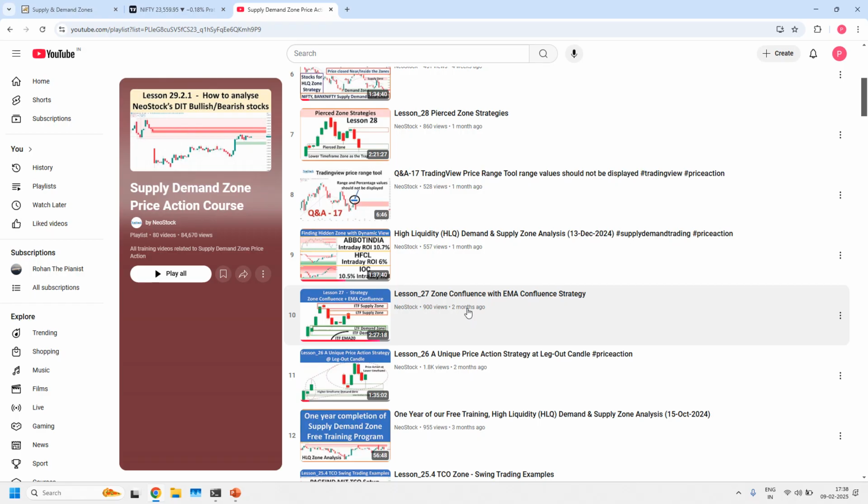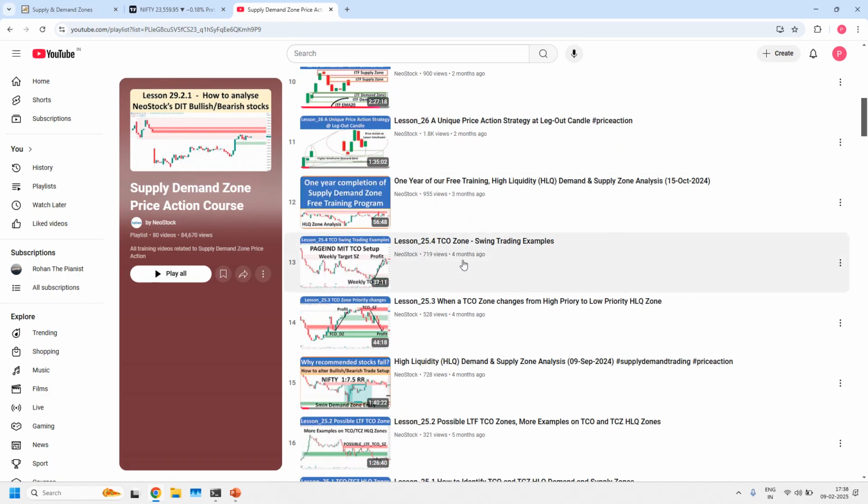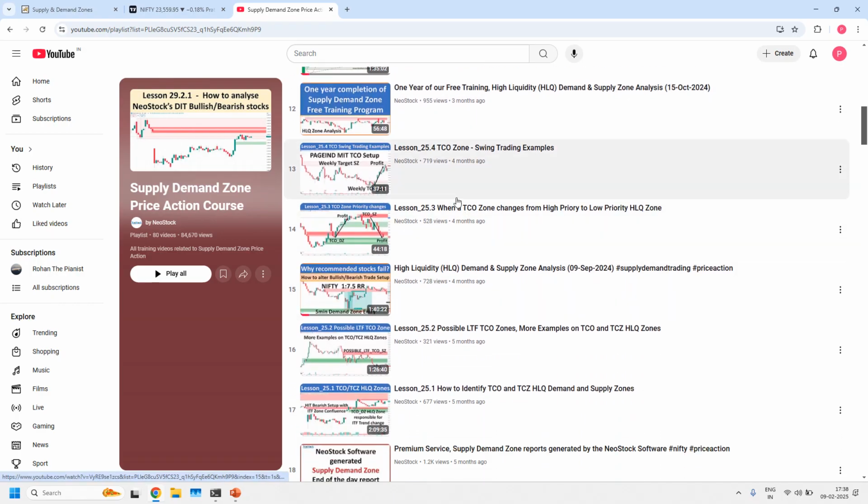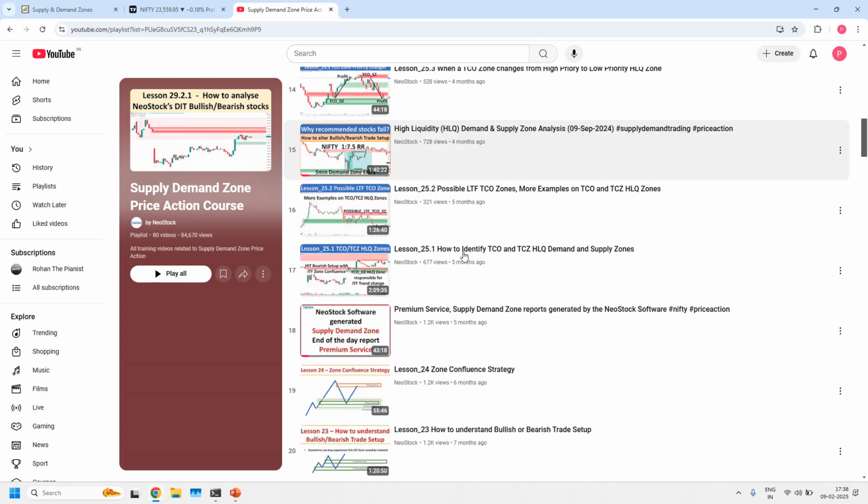But to overcome that problem, I developed another strategy, my own strategy. That is TCO and TCZ zones, which I explained in lesson 25. The high liquidity zones I explained, the trend change horizon and trend change zone. These two are low priority, high liquidity zones. When bullish or bearish trade setups are violated, immediately you should look for these TCO and TCZ opportunities.